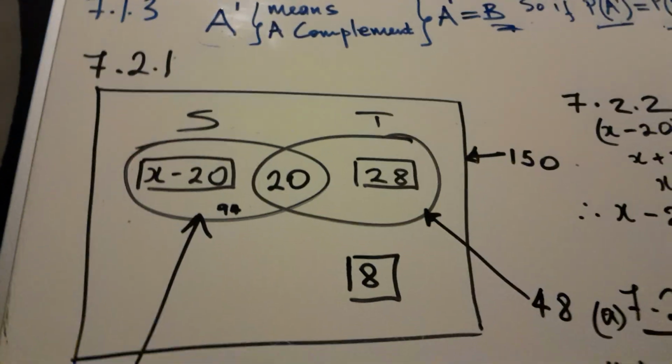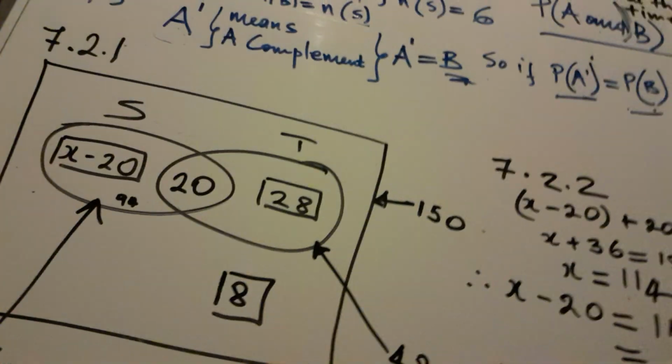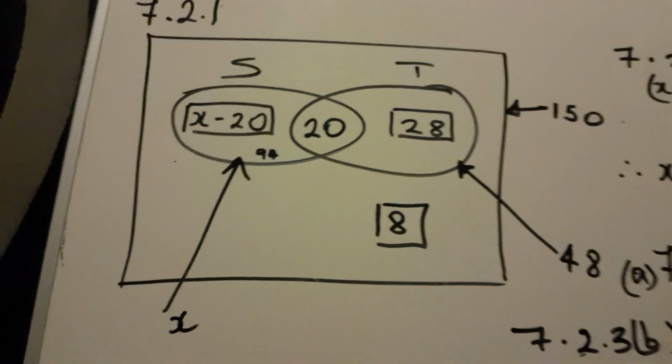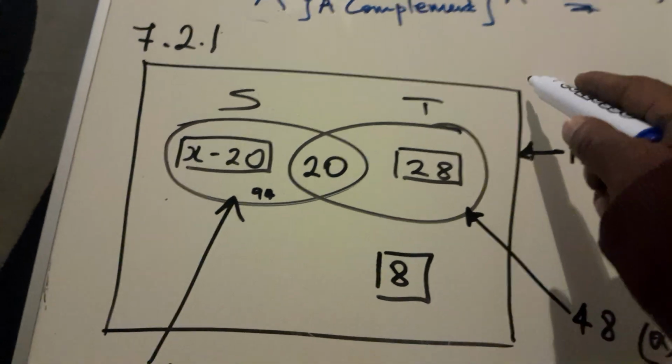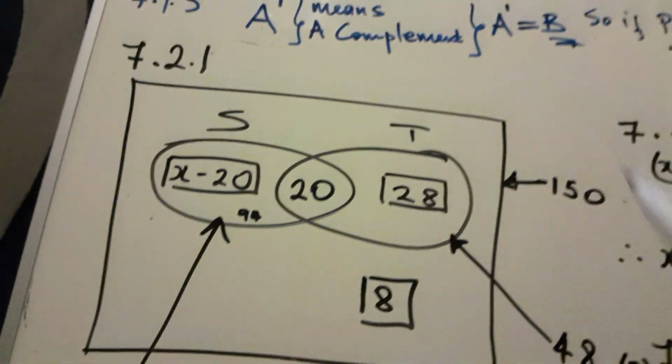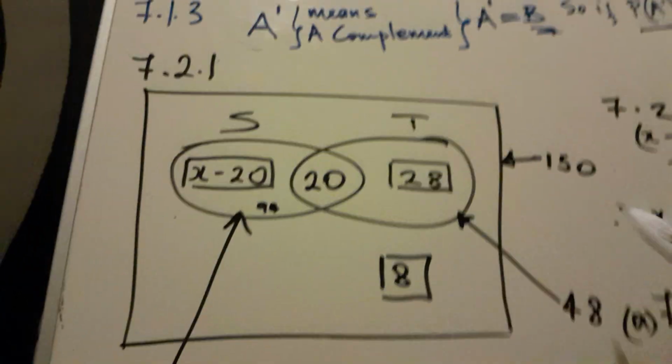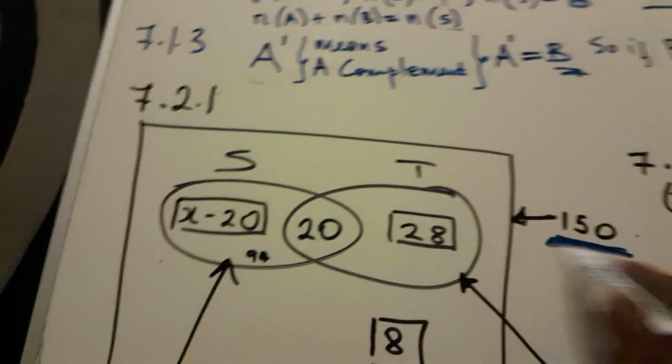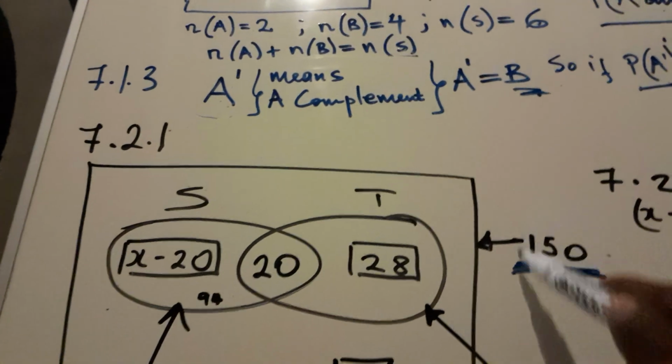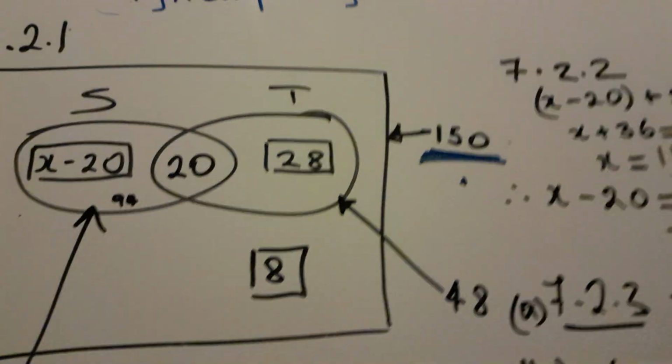Now, getting into the question, the one about a survey of 150 learners. Take note that in our Venn diagram, the number that comes outside the box, the Venn diagram gives you the sample space, the total number in the sample space.